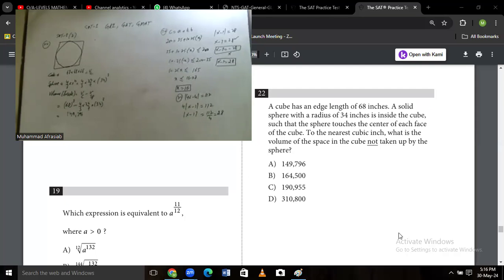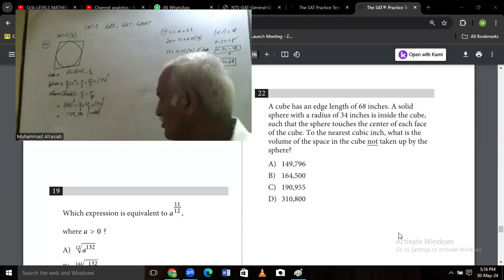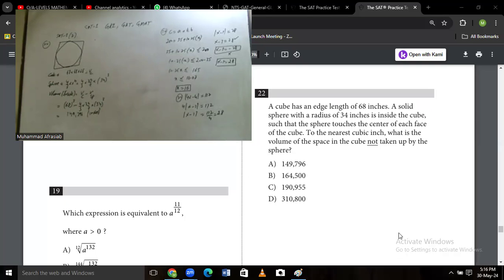So this is the answer of this, in cubic inches. So this is the answer of this question as part A.